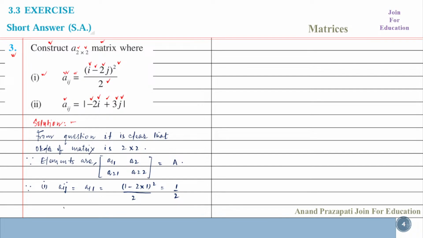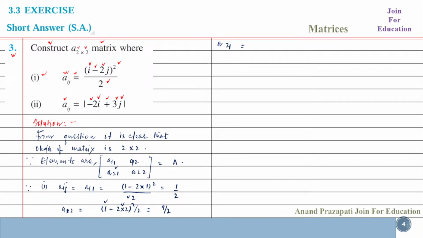Similarly we find A12. A12 equals (1 minus 2 into 2) squared by 2, which is (1 minus 4) equals minus 3, squared equals 9. So here it will be 9 by 2. Now we find A21.